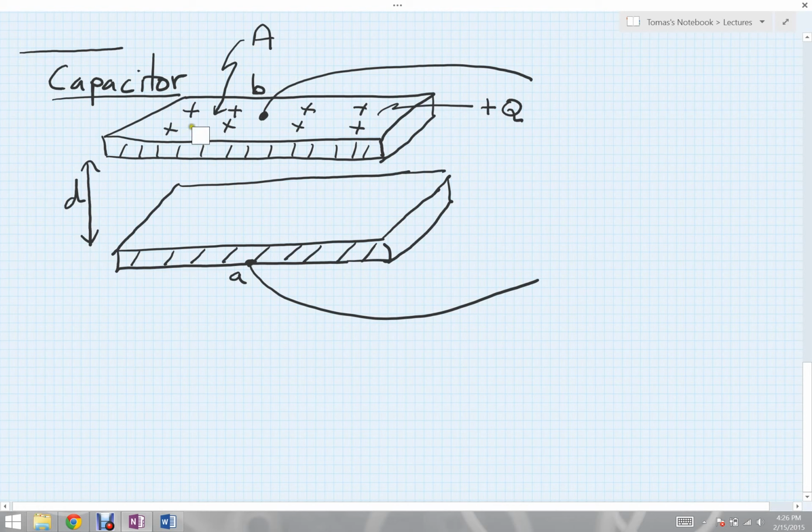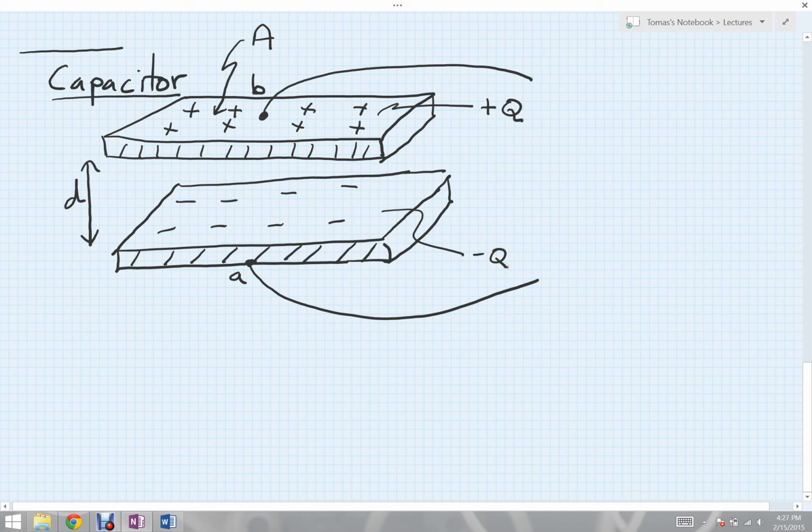We can't build up any significant fraction of a coulomb in any device, as you all know. So if we bring positive charges onto the top, we are definitely bringing a corresponding amount of negative charge onto the bottom plate, and we will call this charge minus Q, like so.